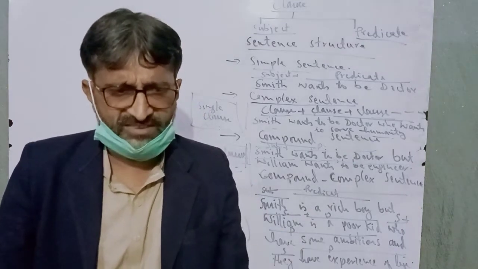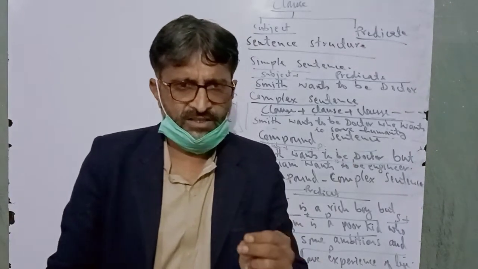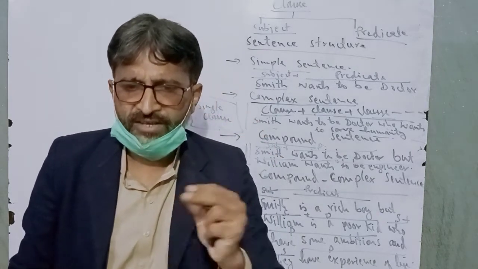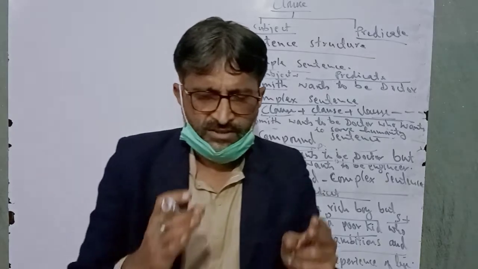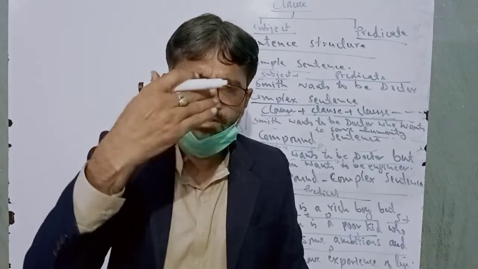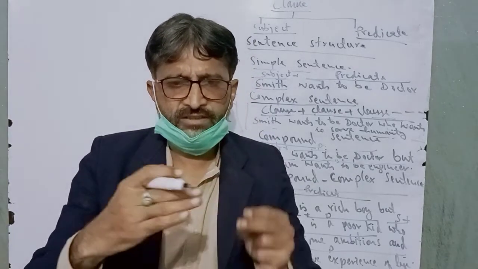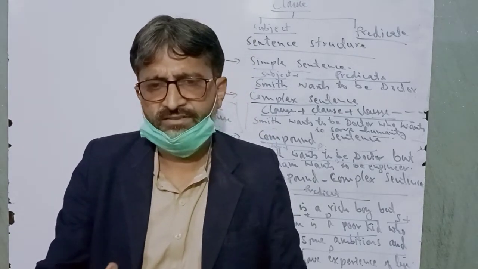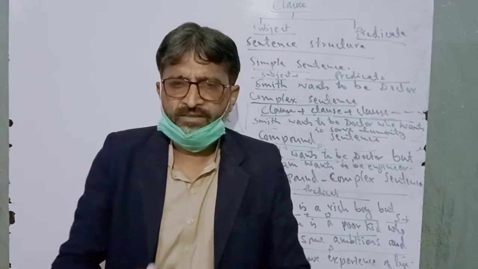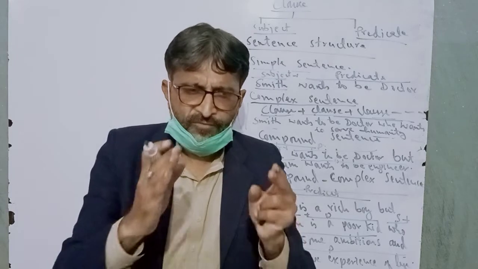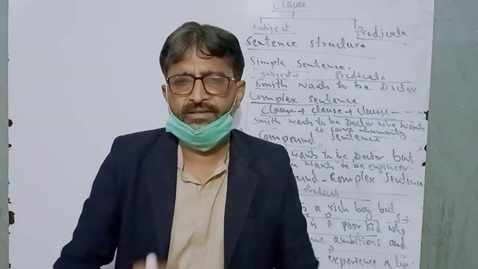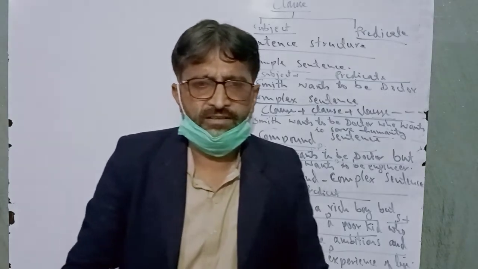A simple sentence talks about a single clause, and a complex sentence talks about more than one clause. There are two clauses or three clauses or four clauses, but the understanding is that the first clause, the clause in the beginning, must be an independent clause or principal clause.